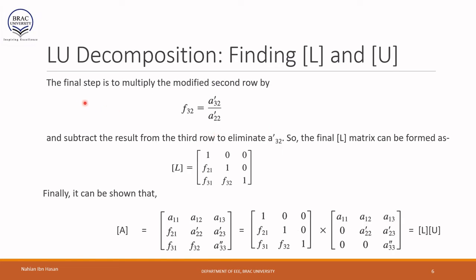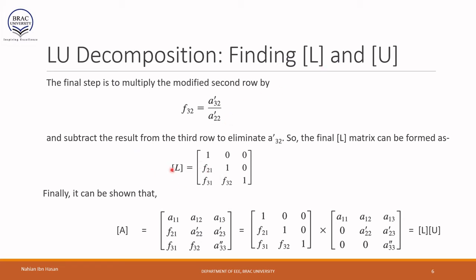And in the final step, if you remember, we have to remove all the elements below the primary diagonal of the matrix, and we will see the multiplicative factor for the last element in the second column, which is something like this, A32 prime divided by A22 prime. So these multiplicative factors are actually the elements of the lower triangular matrix.